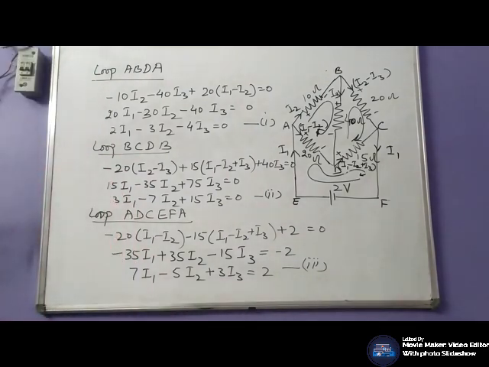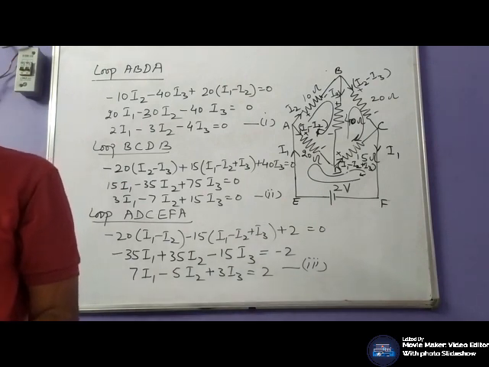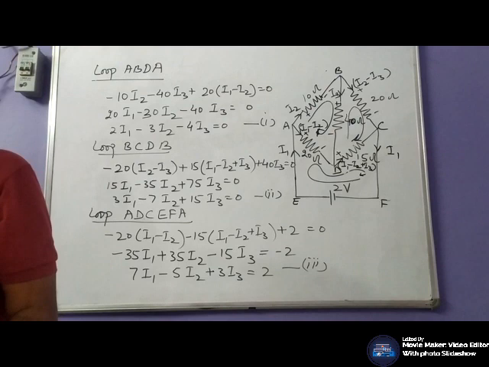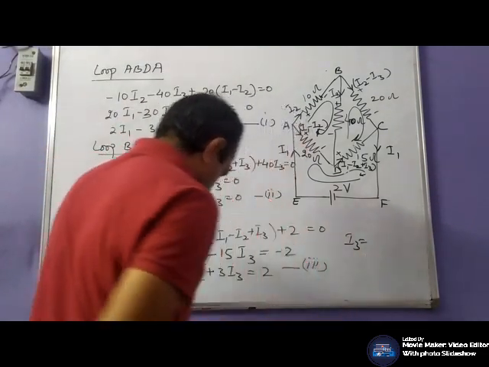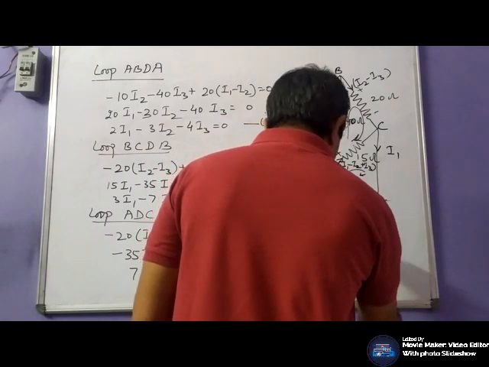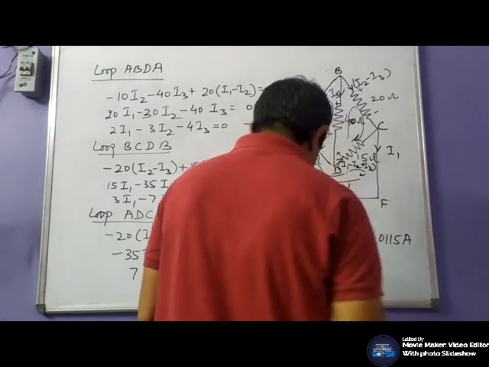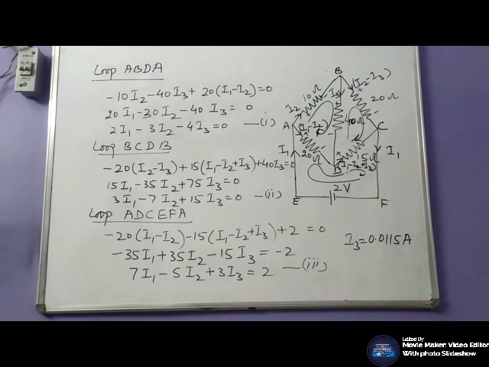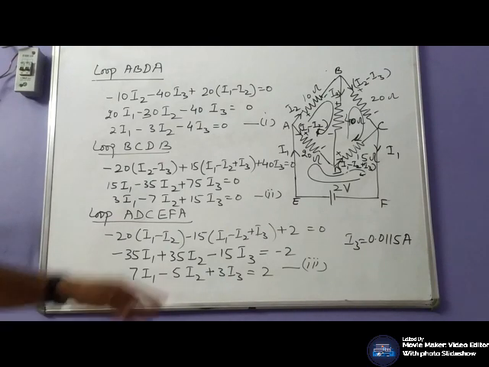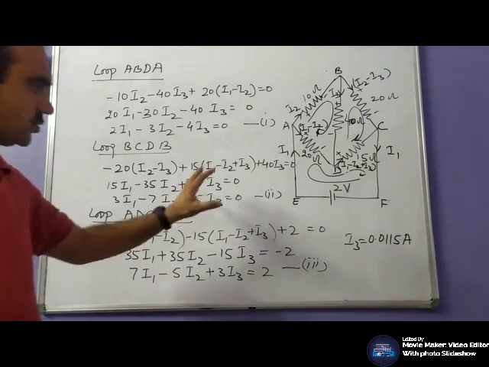Your answer would come out to be, just note down, I3 would be 0.0115 ampere. And it would be from B to D. So in this way you can solve the net.